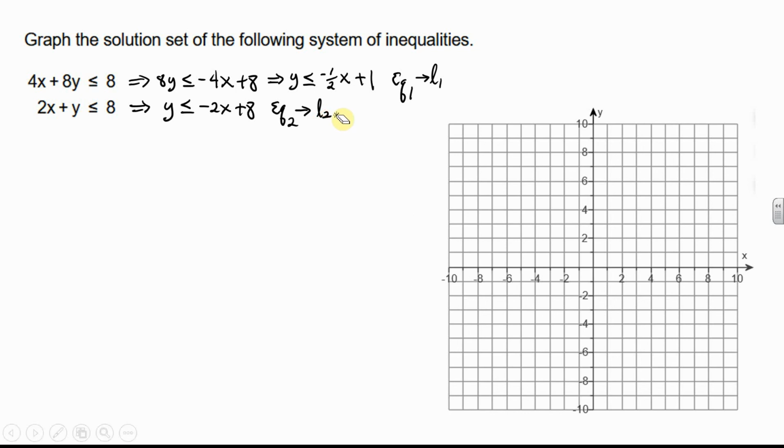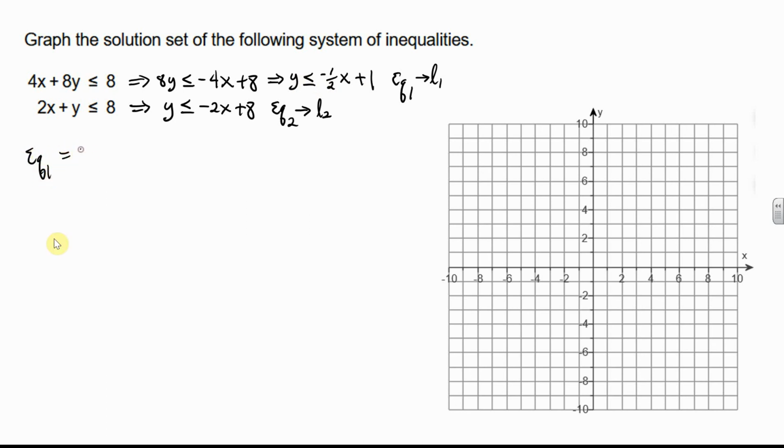All right. So now the next step is to graph each of the lines. Even though it is an inequality, I've got an equation. Equation means equal. So let's just go ahead and say it.